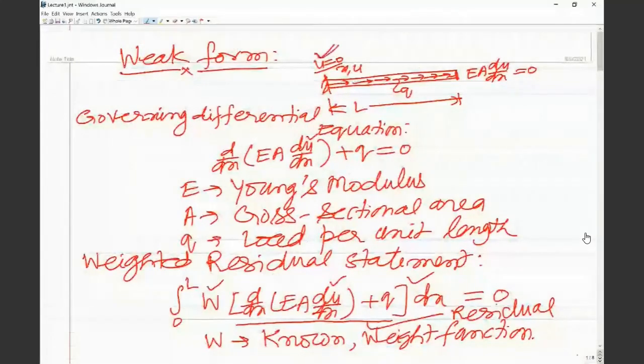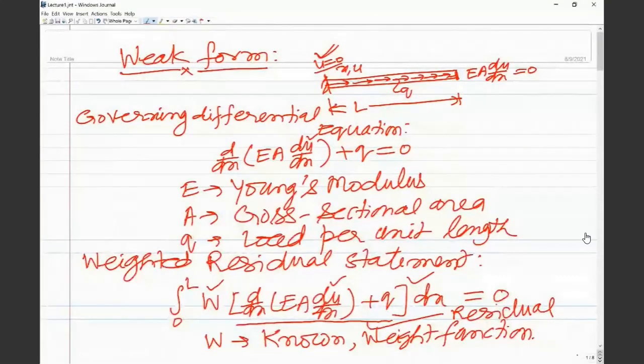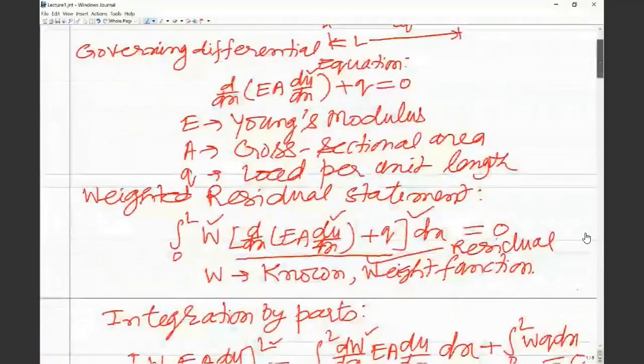Sir, if we have dw by dx in the boundary term, then du by dx will be a primary variable, and u will also be a primary variable? Yes. I will take that kind of example.